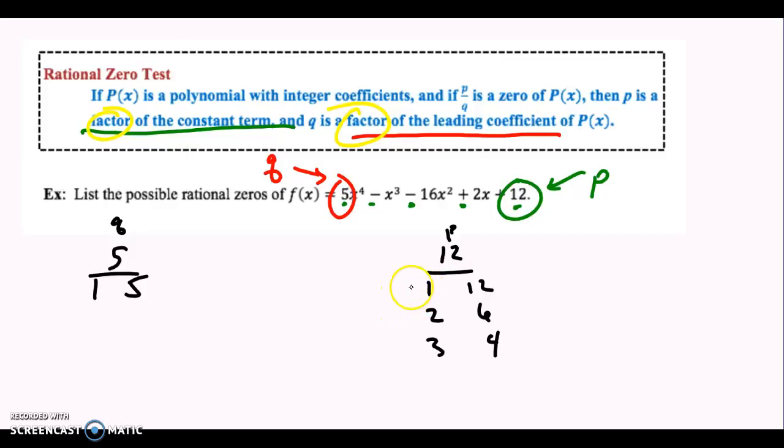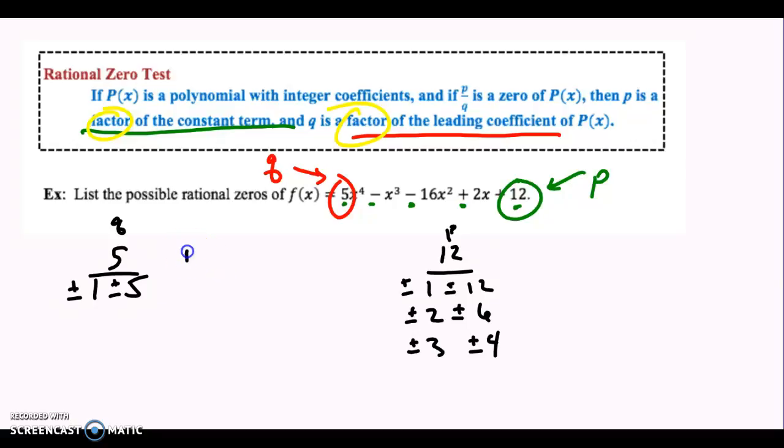First of all, I want to please note 1 is a factor of positive 12, and so is a negative 1 if 12 is negative. All of these numbers will be plus and minuses for factors of 12. Similarly, for 5. And what I do is I take p over q.